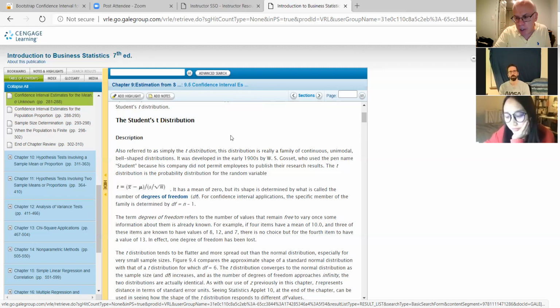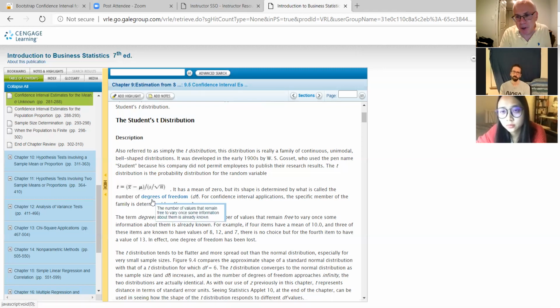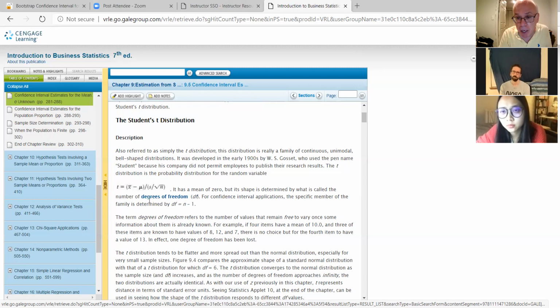Actually, the reason why it's being used is this. Remember, a z-score is the sample mean minus the population mean divided by the standard error. If we're replacing the standard error with s divided by the square root of n, maybe this is the reason, that becomes the standard error when we don't know the population standard deviation.